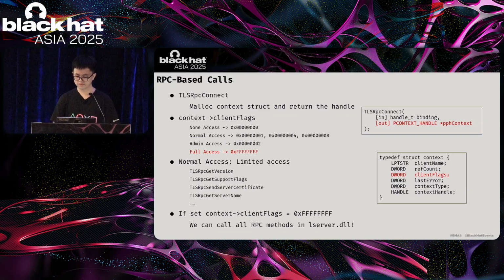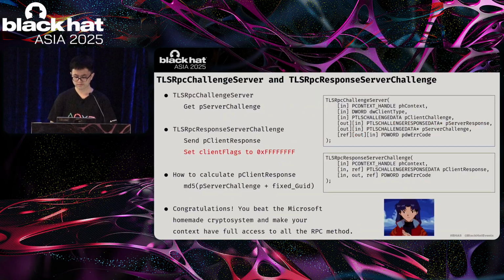Otherwise, it's set to 1. And finally, it returns the context handle for our subsequent RPC interactions. Reverse analysis shows that when the client flag is set to 0xFFFFFFFF, all functions can be called. Therefore, if we can do this, it would greatly aid our vulnerability research efforts.